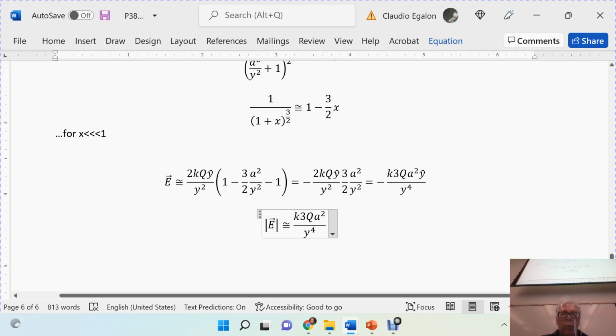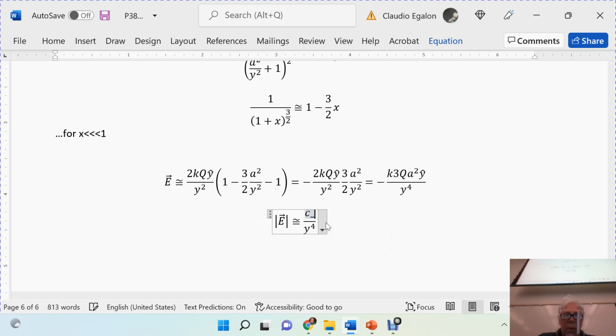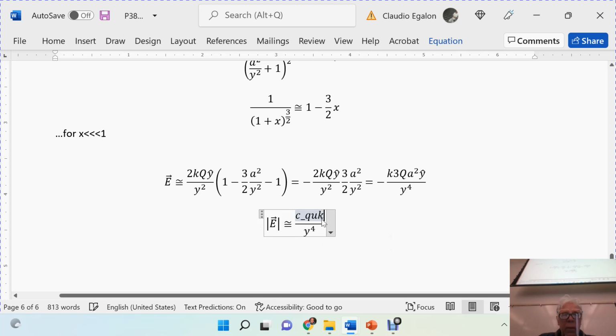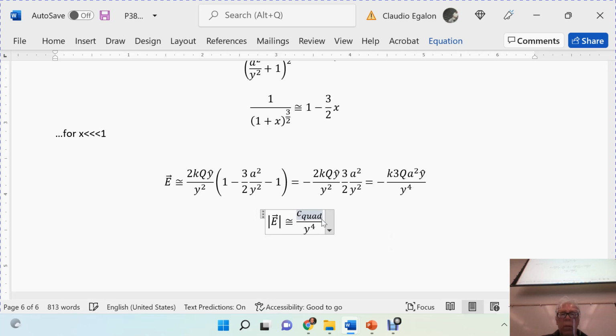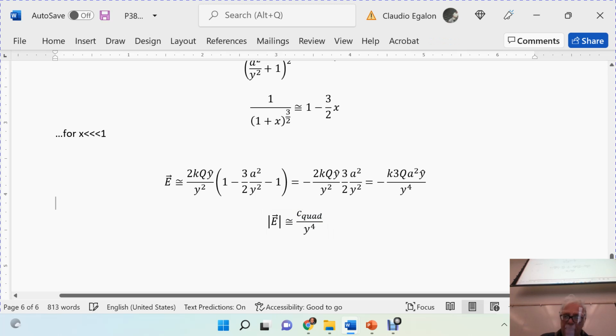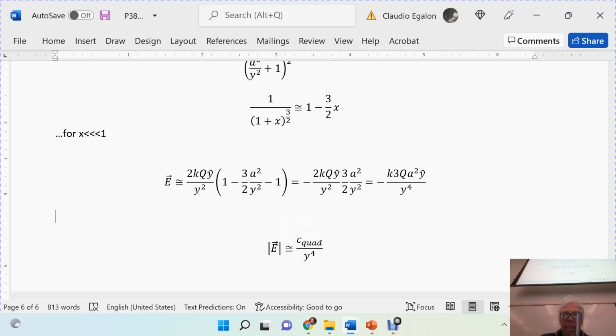For the electric quadrupole, the electric field is a constant, Q A squared K is a constant, right? Let's put it C quadrupole divided by y to the fourth power. Okay? That's what we got here.